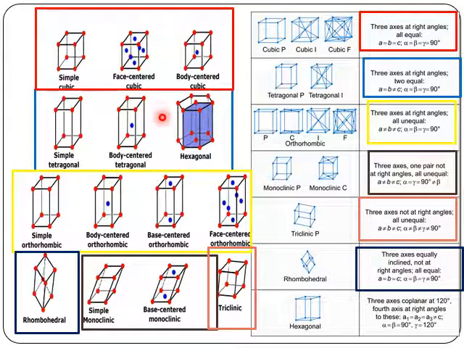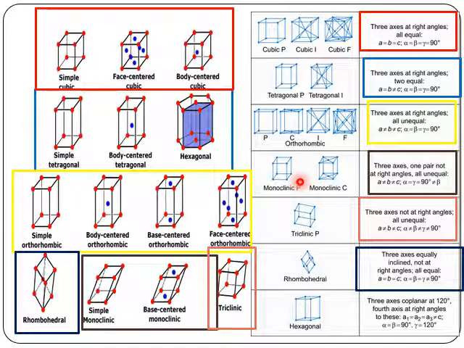Okay, so these are the 14, 3 plus 3 plus 4 plus 4. Okay, total 14 Bravais lattices. Where you can say simple cubic, tetragonal, orthorhombic, monoclinic, rhomboidal, and triclinic. Okay, so you need to know the relationship between each side and each angle, which is defined in each of these.